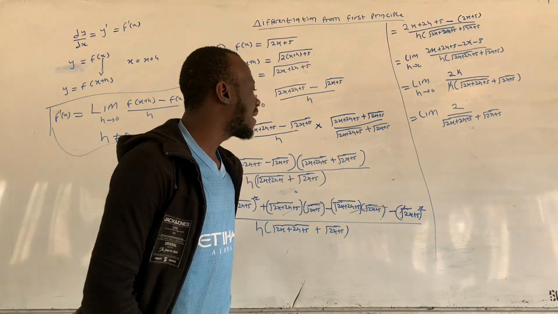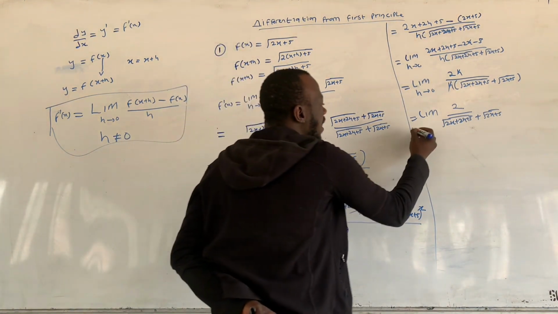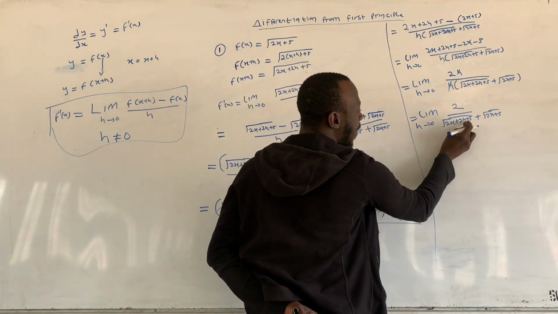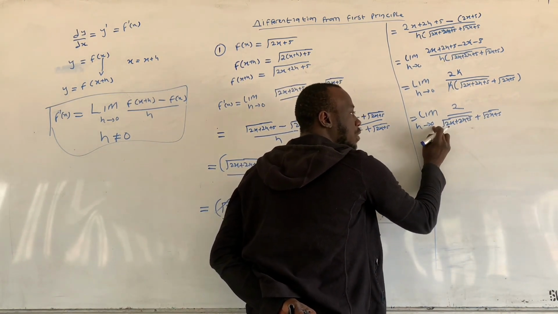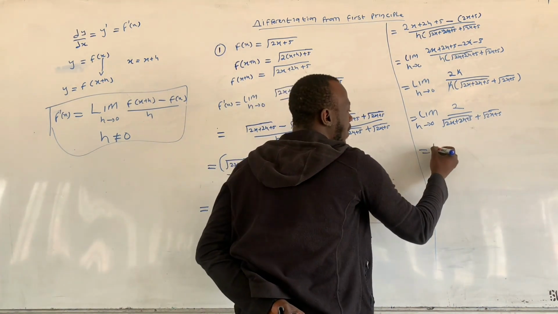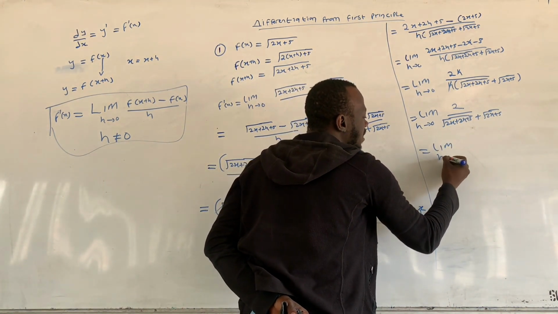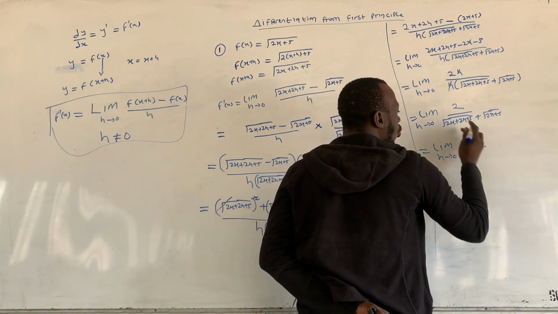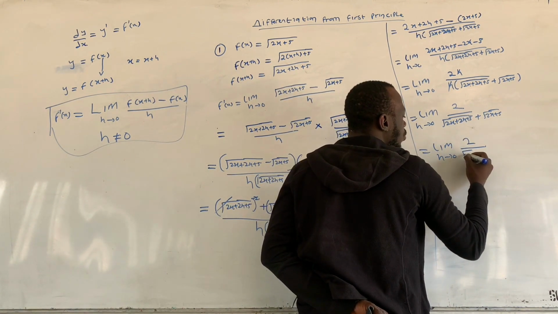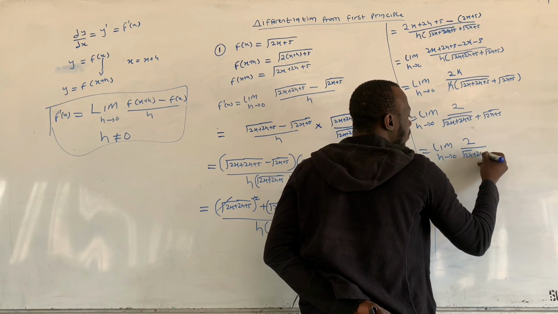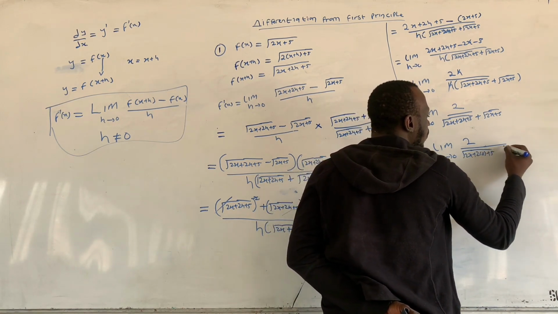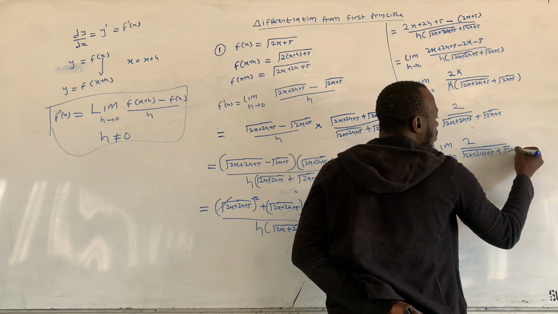So now in this case, h approaches 0. Wherever we find h, we will replace it with 0. Since h approaches 0, we have lim as h approaches 0 equals 2 all over root 2x plus 2 times 0 plus 5 plus root 2x plus 5.